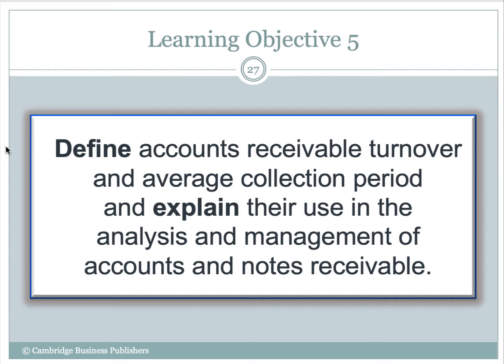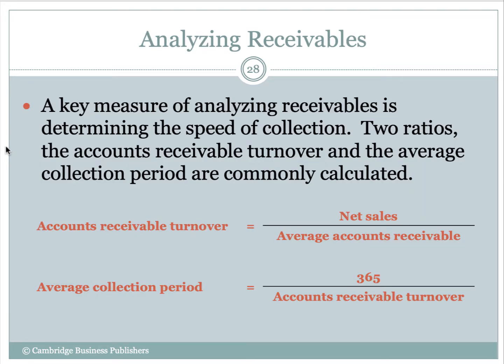These go along the same lines. We want to analyze our receivables. What's important to us as managers is the speed at which we collect our receivables. So we're going to use two ratios to calculate that speed: the accounts receivable turnover and the average collection period.